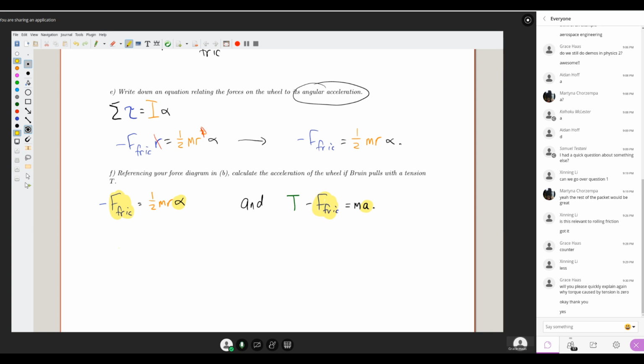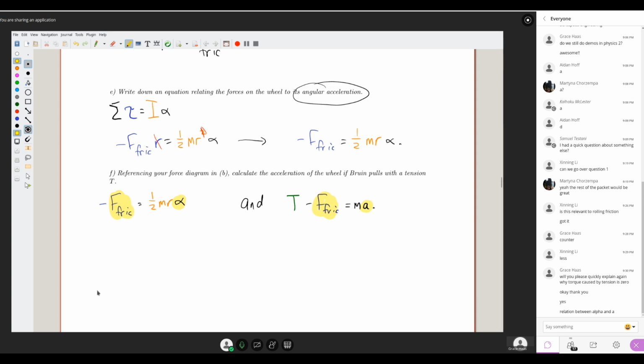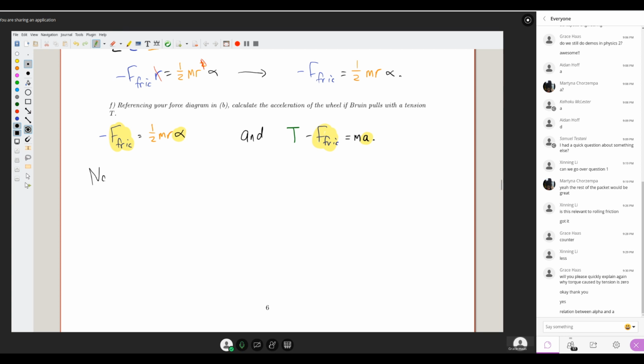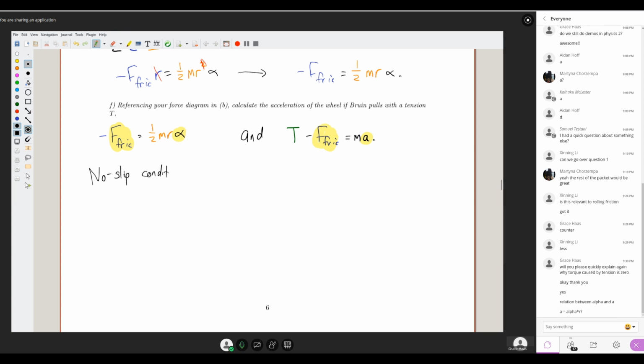Think back to the yo-yo problem. Yep, I need the relationship between alpha and A. So because we know this rolls without slipping, the no slip condition is that alpha r is plus or minus A.